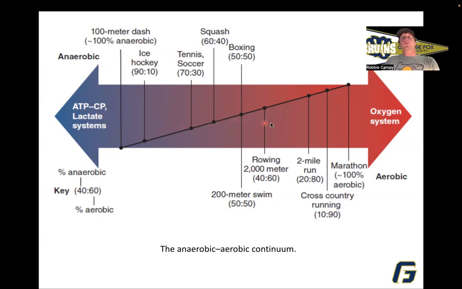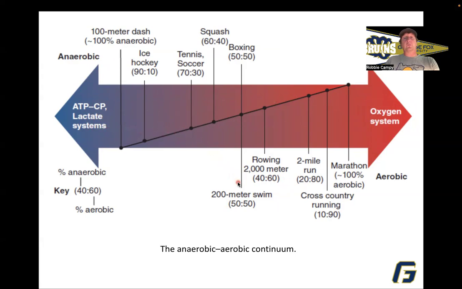As we move more and more towards this other side, which is using the aerobic or oxygenated system, you can see that even something like a 2-mile run is not fully aerobic. It still has some component of the ATP and lactic acid system.